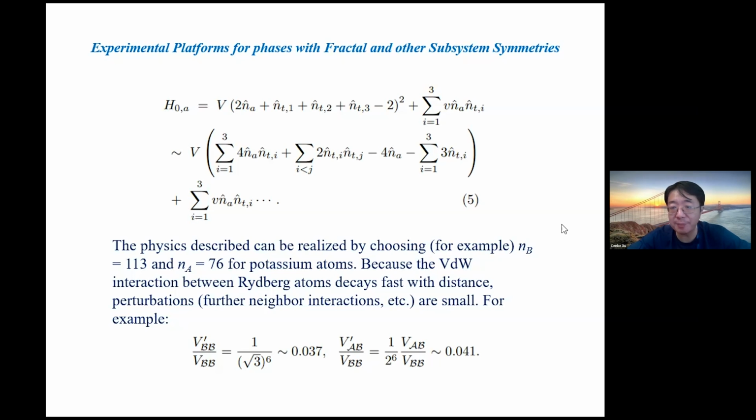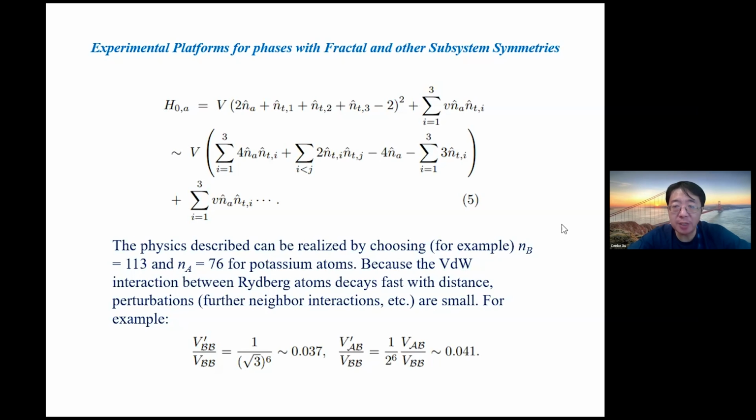We choose the potassium atom, and we can choose the principal quantum number NB for a target atom to be 113, and NA equals some other number. The way we choose the number is through numerical calculation of the energy levels of the Rydberg atom. It's a very mature field, so we have algorithms to calculate them.